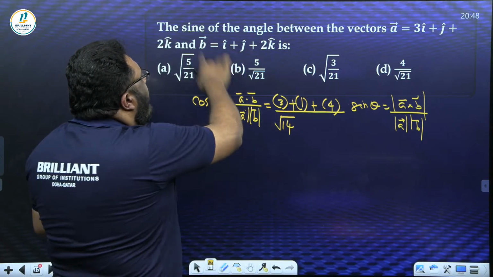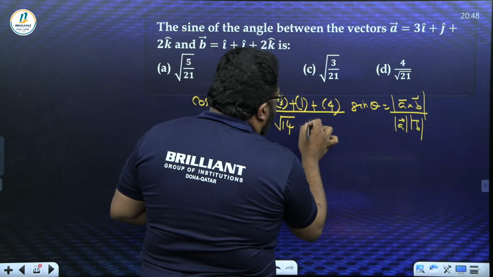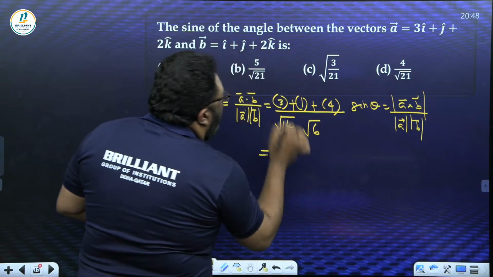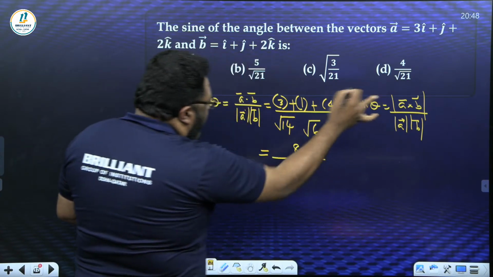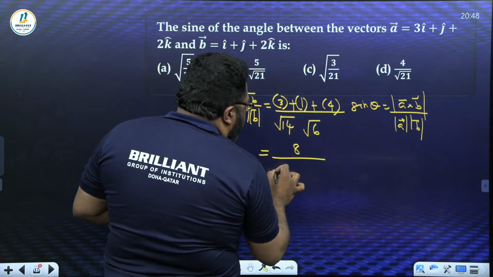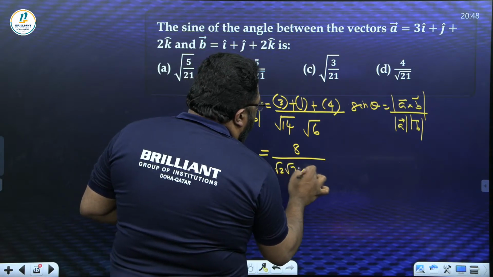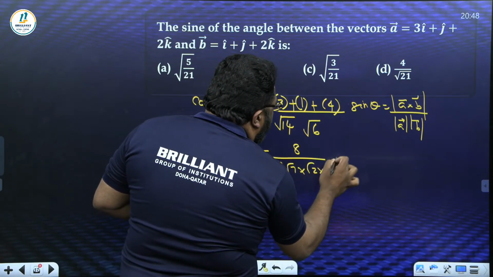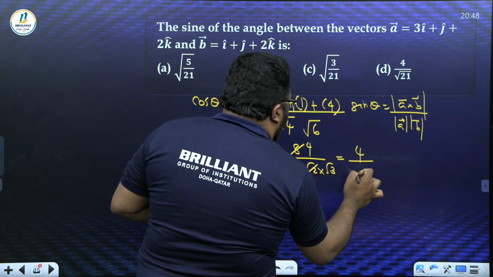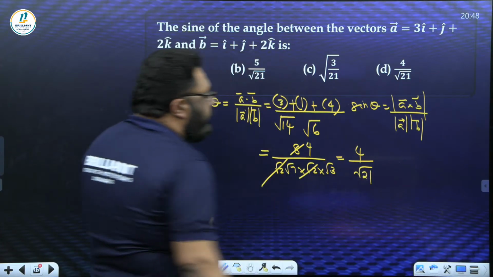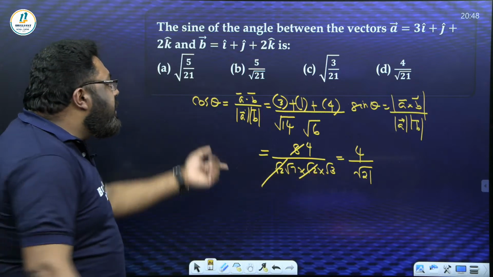Magnitude B: 1 plus 1 plus 4, root 6. So the answer is 4 plus 1 is 5 plus 3 is 8 divided by root 14 times root 6, which is root 2 root 7, root 2 root 3. So I can cancel this and make it 4 by root 21. 4 by root 21 is cos theta.